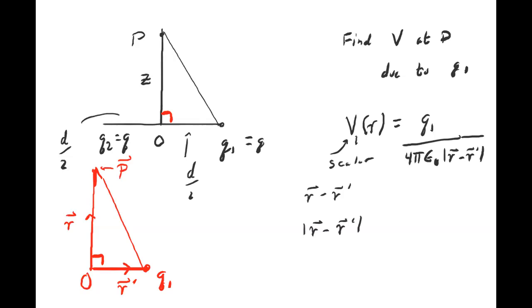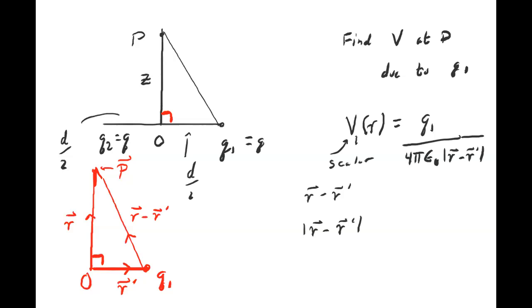So this vector is the distance between Q sub 1 and the point where you want to evaluate or measure the electrostatic potential. You start at Q sub 1 and you end up at that point. And so it's got to be the vector R minus R prime.